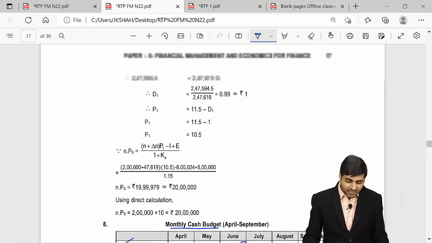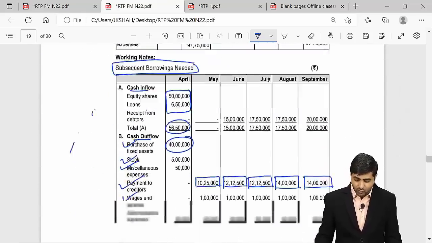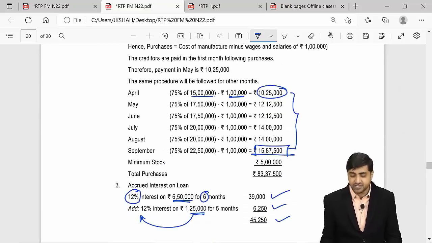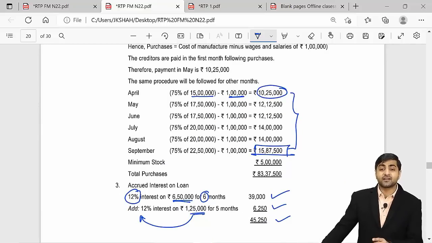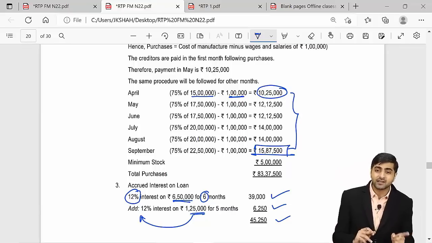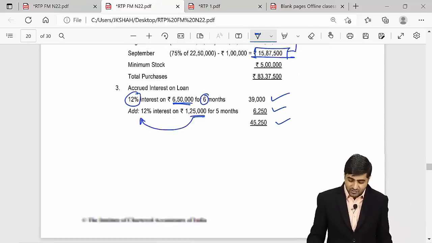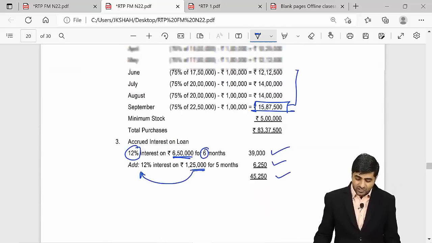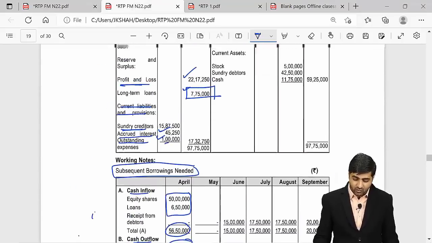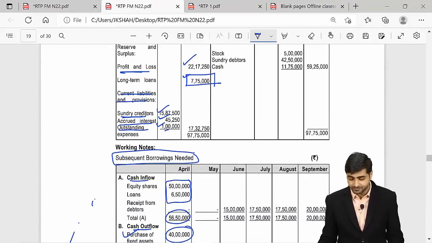So when you have prepared the working for your purchases, you will understand that in that particular working of your purchases, you have September month purchases 15,87,500, and that 15,87,500, when we'll be paying that, we'll be paying that in the month of your October. So that's why this will be forming part of your outstanding creditors. So you can just check that here they have mentioned outstanding creditors or sundry creditors, which is 15,87,500.